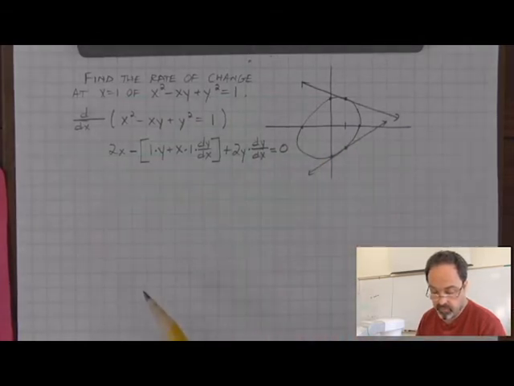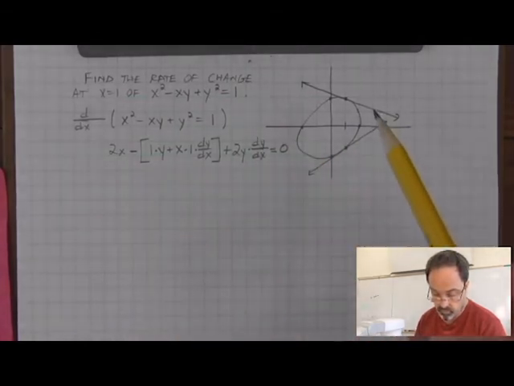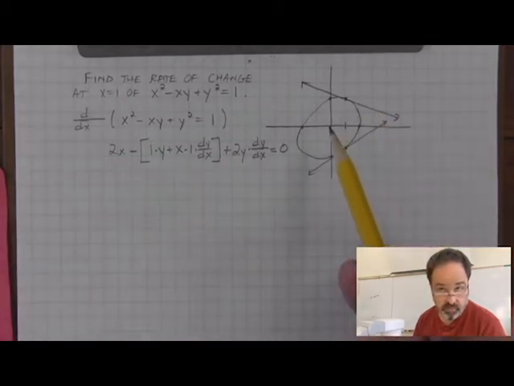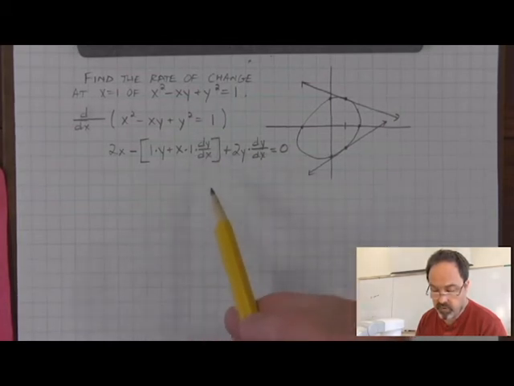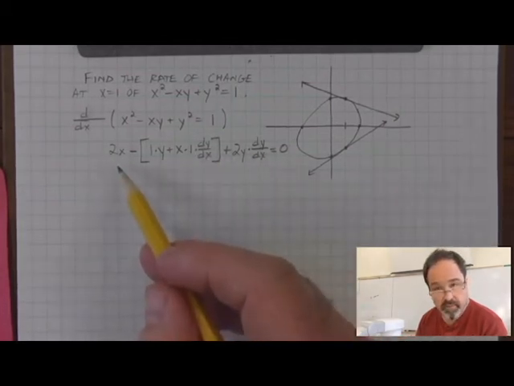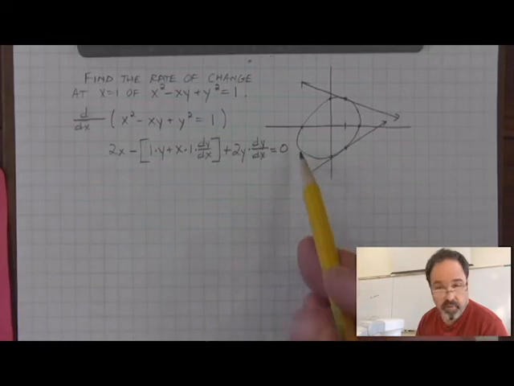I'm trying to find the slope of these tangent lines, the rate of change. And that rate of change is dy over dx. But the rate of change has been expressed twice in the derivative of my function.